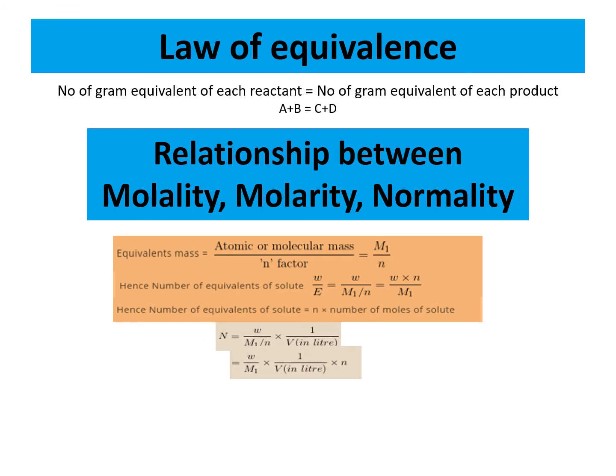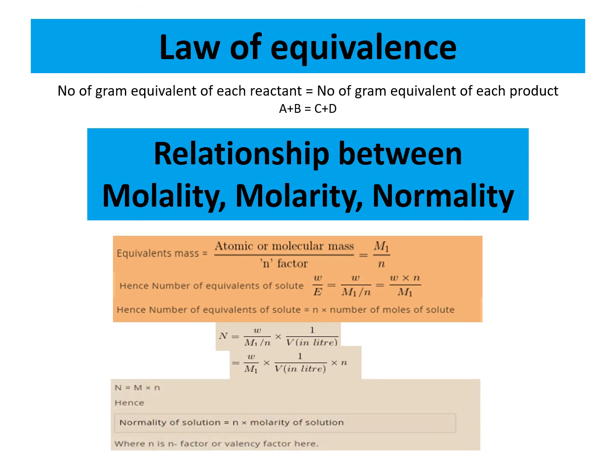It is dissolved in 1 liter of the solution, with the N. Without N, that is molarity. With N, that is normality. Are you clear? If N is there, then that is normality. If N is not there, that is molarity. So normality is equal to molarity into N.